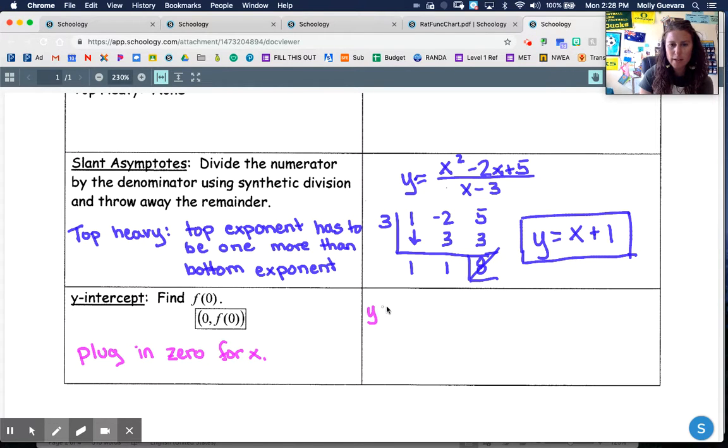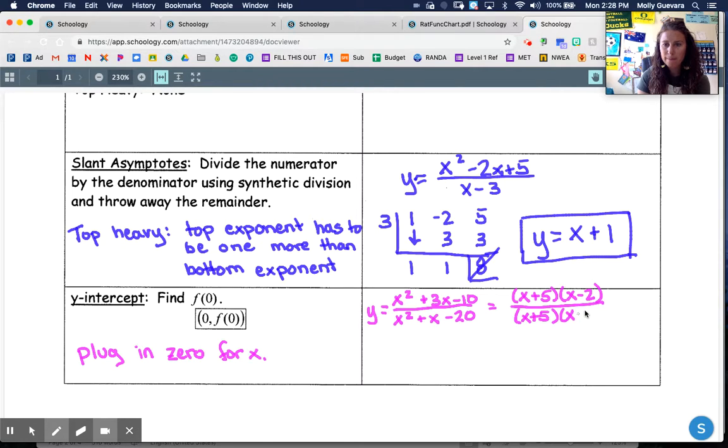So if we go back to that original function, x squared plus 3x minus 10 over x squared plus x minus 20, I can plug in 0 here, or I can factor it first. Here's the factored form that we found.